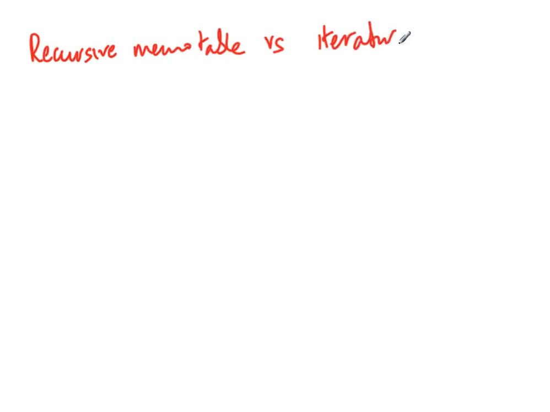So it's worthwhile to comment on the difference between the recursive memo table version versus the iterative one. The advantage of the recursive memo table is it only computes values as needed.